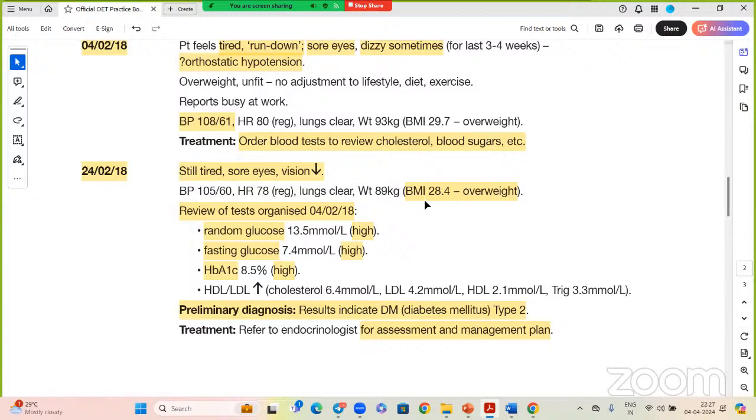Now we're focusing more on today's visit. Earlier he was 29.7. That is not necessary now because it's finished. This is the latest, this is the old one. So he has decreased weight. Still he is overweight, but this is the measure. So you can write about that.